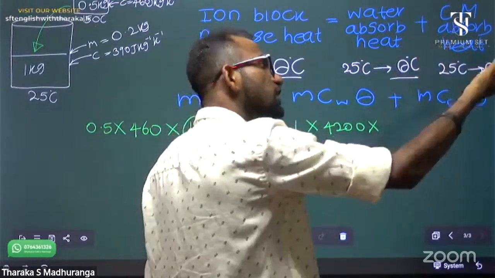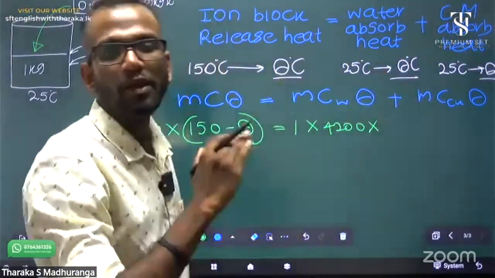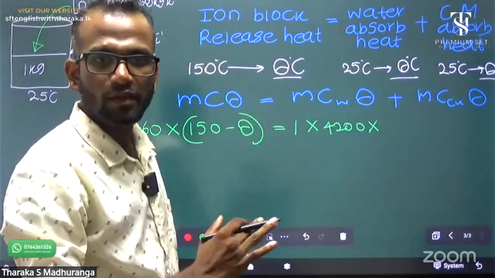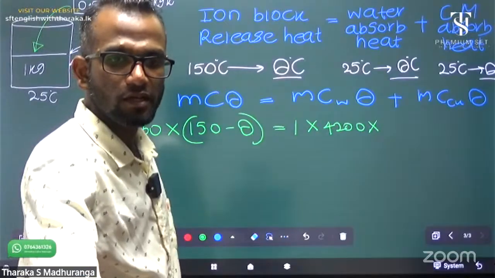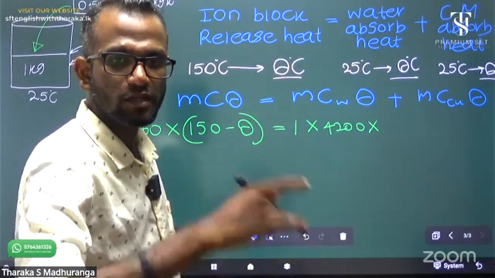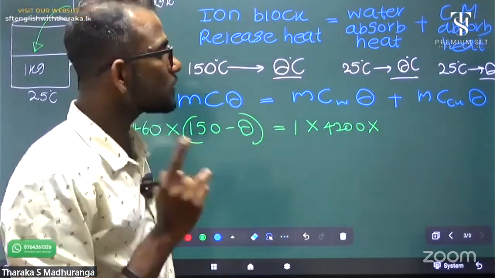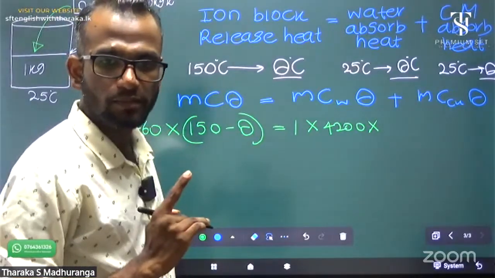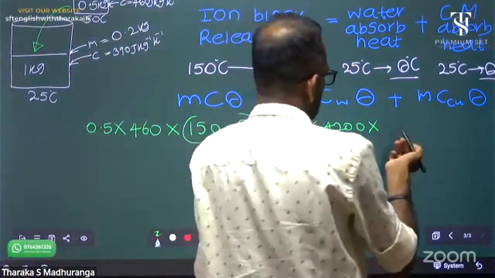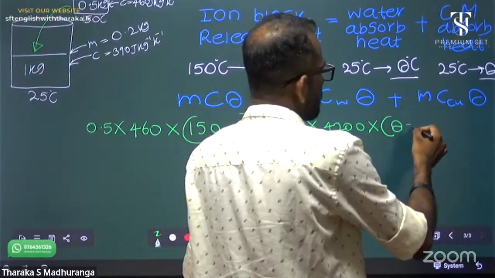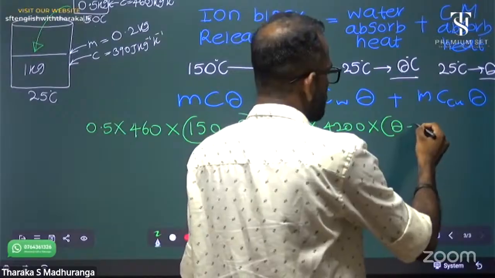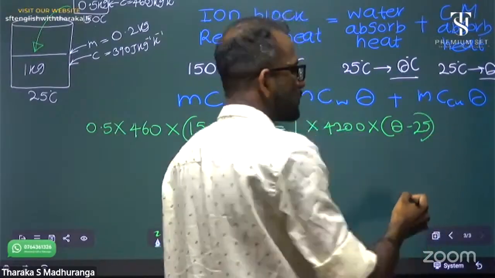Theta is greater than 25, so theta minus 25. Understood? The temperature difference is the most important thing. The others are just given in the question.